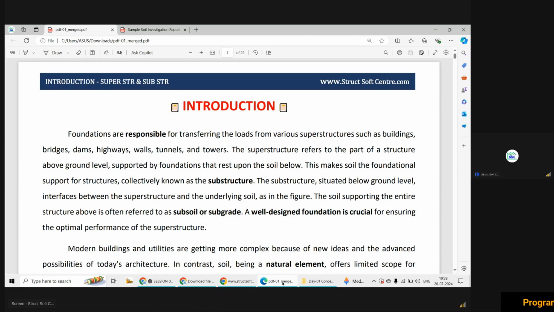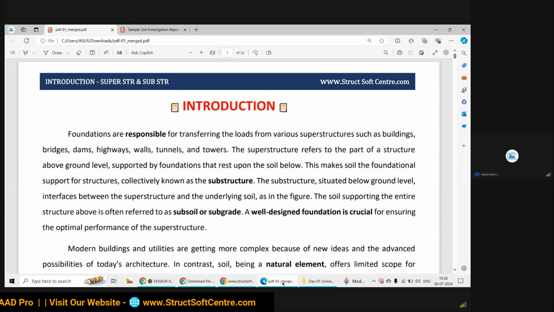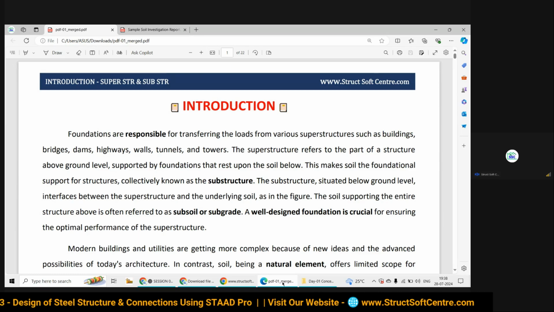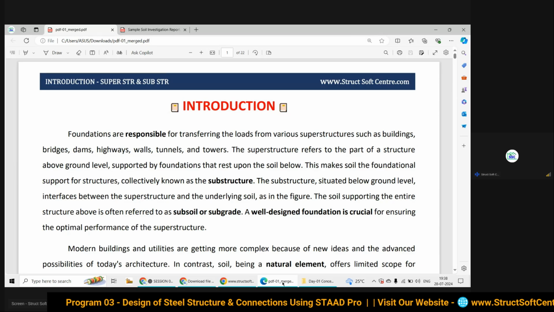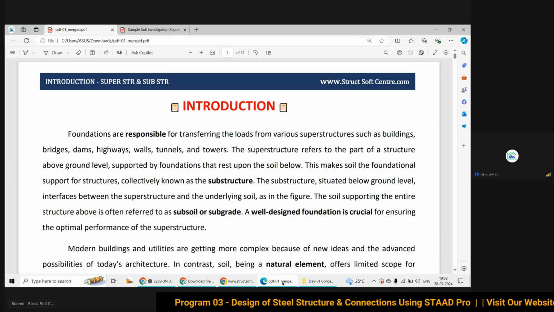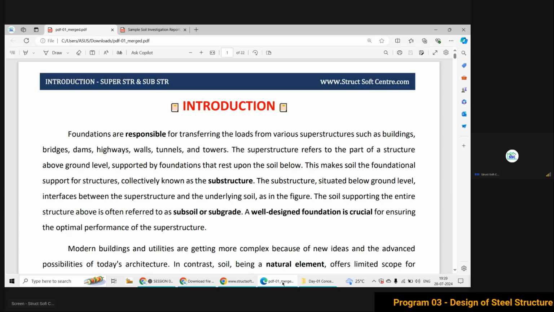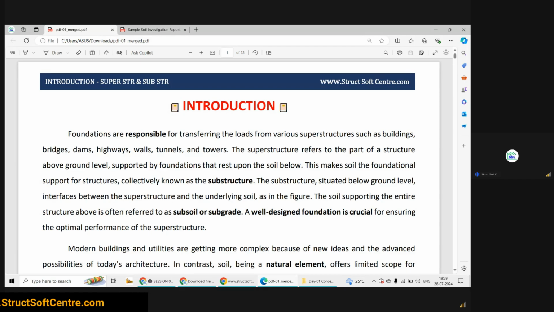Third thing is how to validate the results of the software, especially if you are talking about the CSI SAFE software for the substructure design. When the design is not coming as per your expectation, what things do you have to change, so that you will get the results as per your requirement.